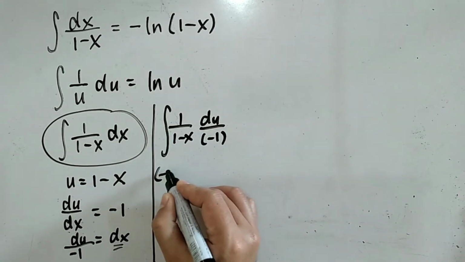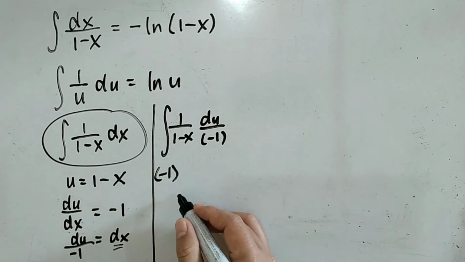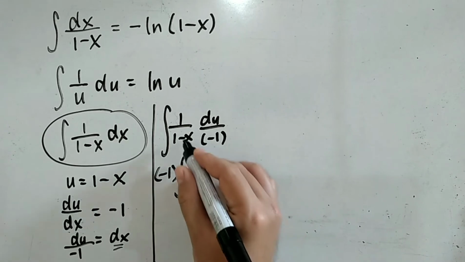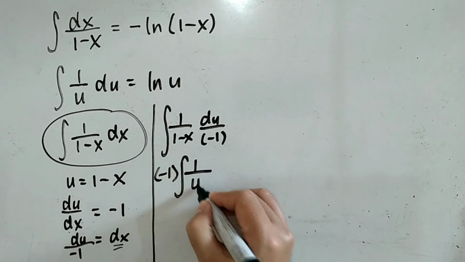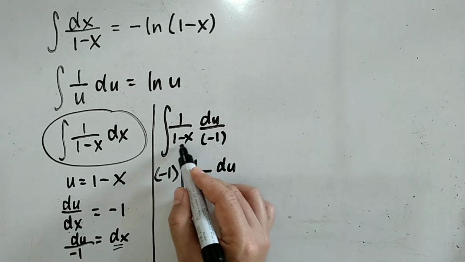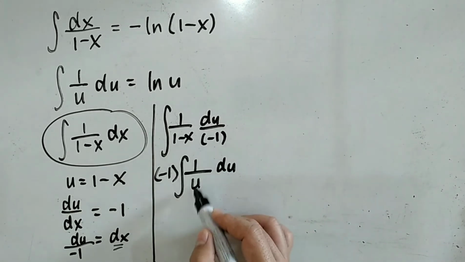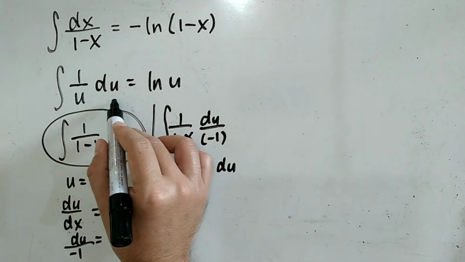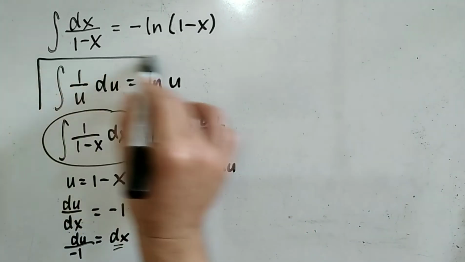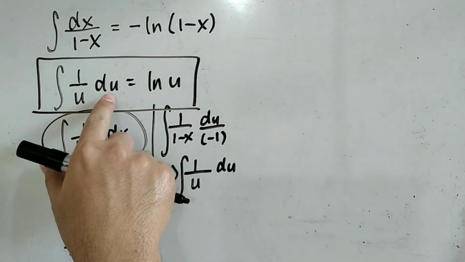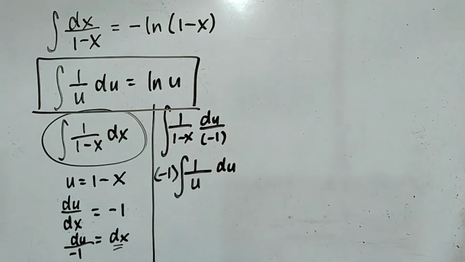So we have here negative 1, or 1 over negative 1, which is still the same as negative 1, times the integral of 1 over 1 minus x, which is our u, du. And so this is our 1 over u du. The rule says the integral of 1 over u du is equal to ln of u.